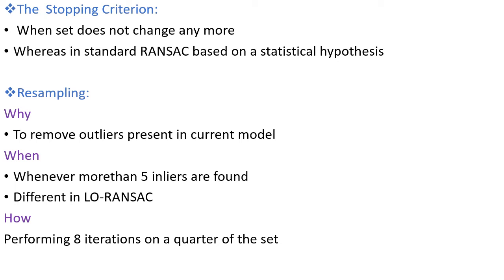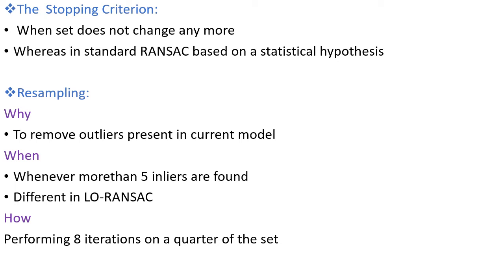Here the stopping criterion is: whenever the set does not change, the algorithm will be terminated. It was found experimentally that the proposed algorithm comes to the same consensus only when the set is optimal.